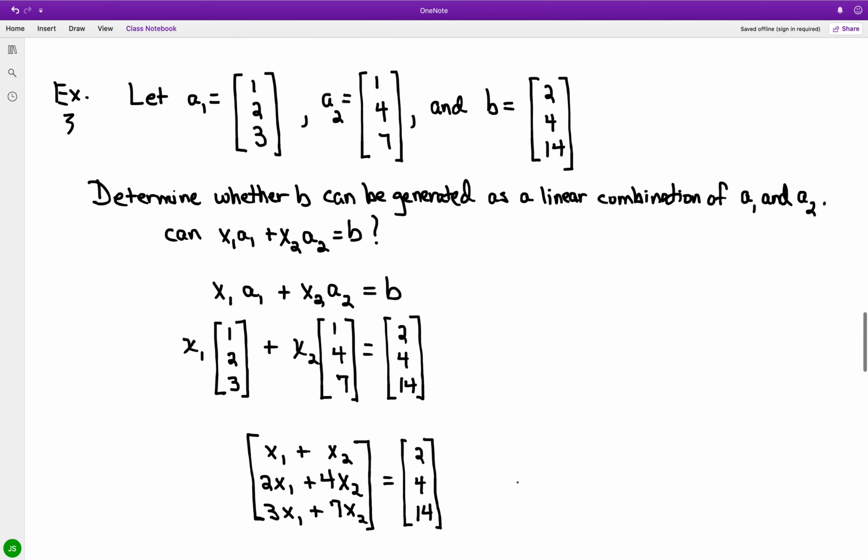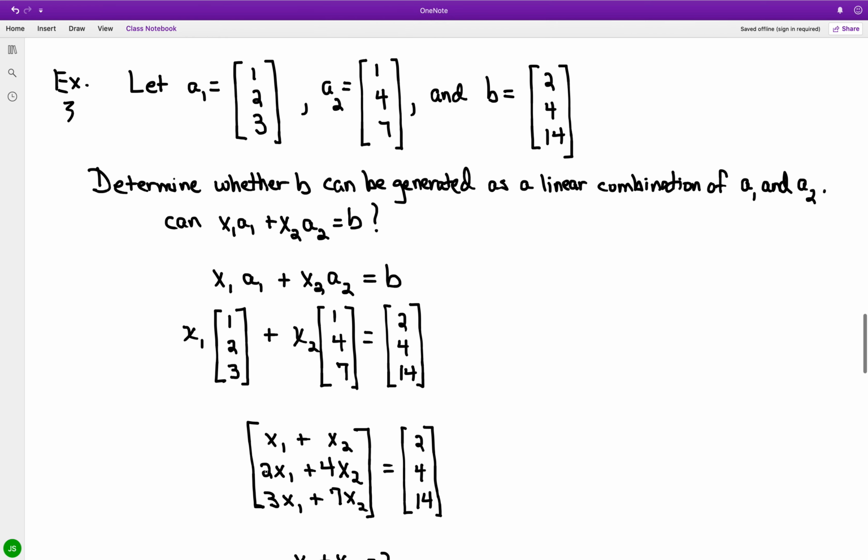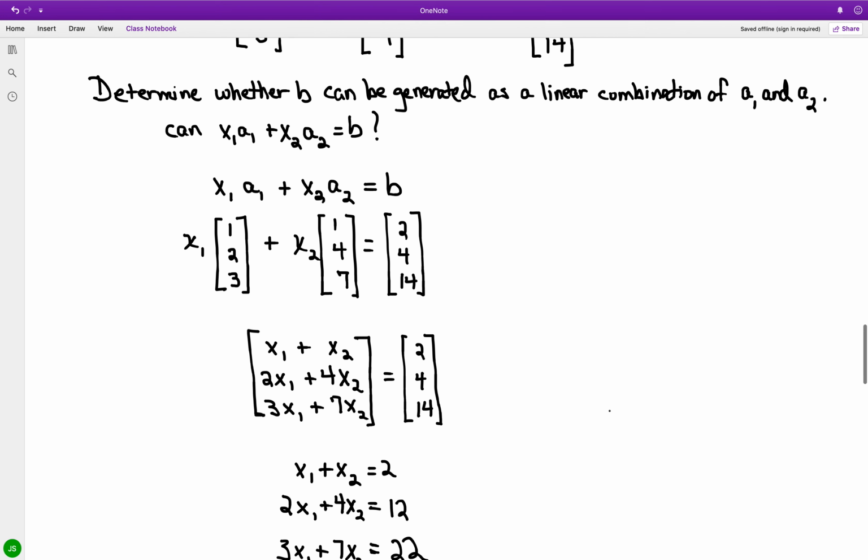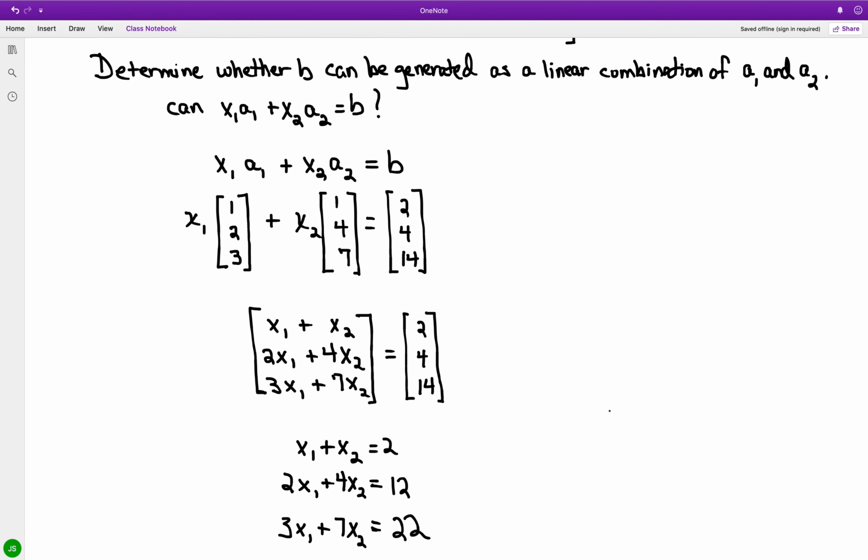And now combining our elements, we have the top row x1 plus x2, 2x1 plus 4x2, 3x1 plus 7x2, and we have that equal to, again, b, where from top to bottom we have 2, 4, 14. Taking the top row all the way down to the bottom row, we have this combination of equations in the system.